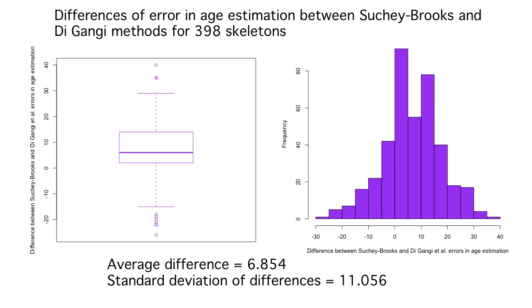Since both methods tend to underestimate age at death, so their errors are negative, and in this case we're subtracting the Degonghi errors from the Saatchi-Brooks errors, a positive mean is an indication of higher error estimates in the Saatchi-Brooks method, which means that they're closer to 0 on average. So it seems we have an indication that the Saatchi-Brooks method is more accurate. One more statistic to note from these differences, the standard deviation of them is about 11 years.